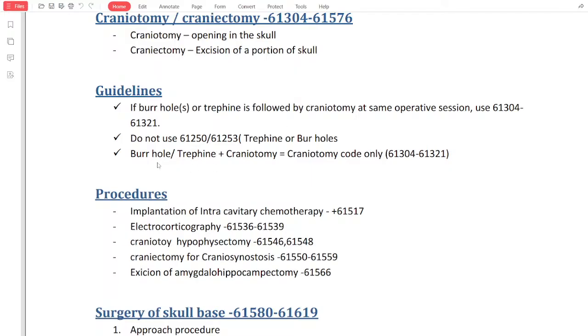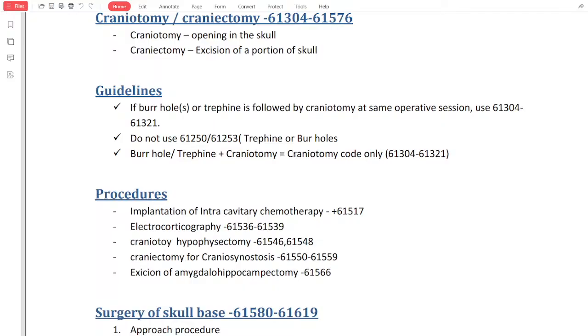Burr hole or trephine plus craniotomy equals the craniotomy code only. Also, if the physician mentioned craniotomy, you can code only for craniotomy, in the range 61304 to 61321.